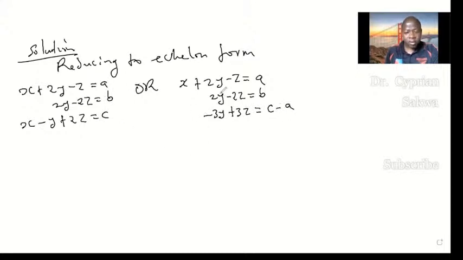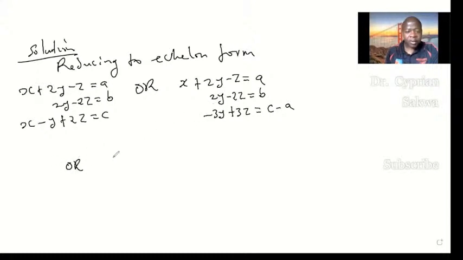Now, I also want this one to be 1y, and then use it to create a 0 in this position. Although I can work with it the way it is, it's 2y, to make my work easier, let me first of all make it 1.